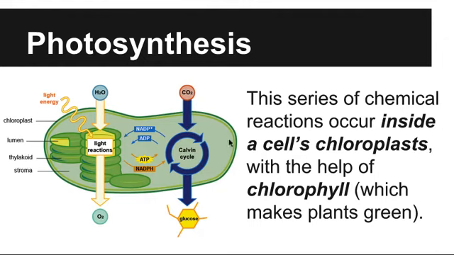This happens inside of chloroplasts with the help of something called chlorophyll. Chlorophyll is what makes the plants green. Two vocab words here. Chloroplast, that's this big green thing. It's an organelle inside of a plant. You probably learned about this in Unit 1. Chlorophyll is the stuff that helps turn the water and carbon dioxide into oxygen and glucose, and it makes the plants green.